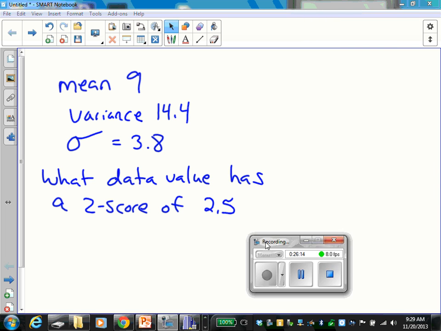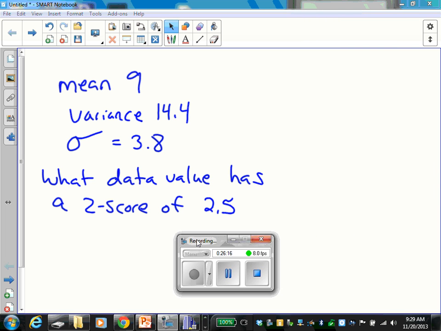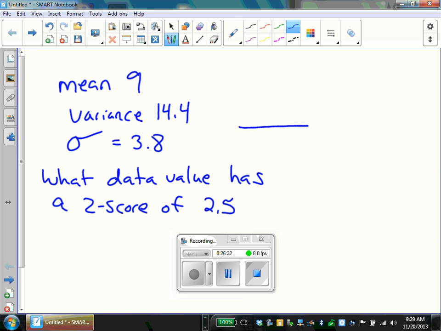So the first thing that I would do, the minute it's talking, you got mean, you got standard deviation, and they're asking for z-scores, which a lot of you did, was draw a bell curve. But here, we got to be careful about what pieces and parts we have. What goes here? 9.